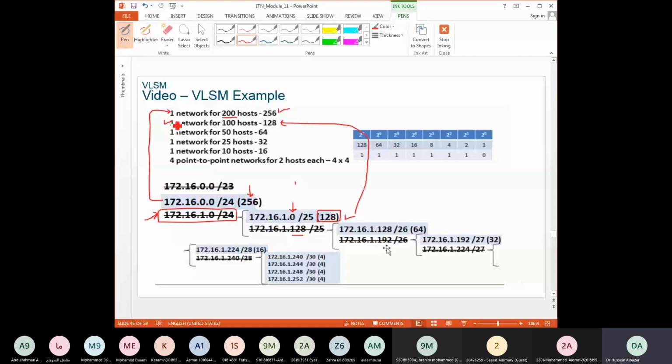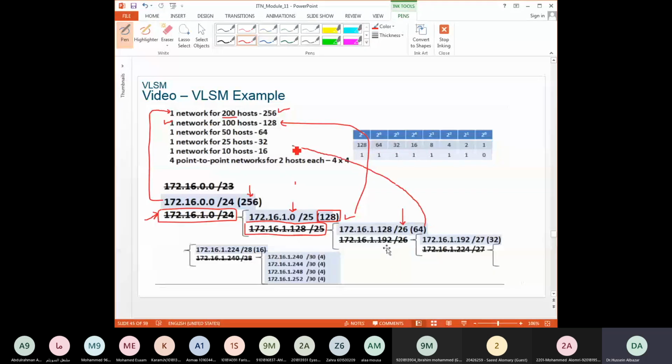Done. Now we'll take this and create two more subnets, 64 host addresses per subnet. So from /25, we now have /26 subnets. The first one will be assigned to this network since we need 50 hosts.